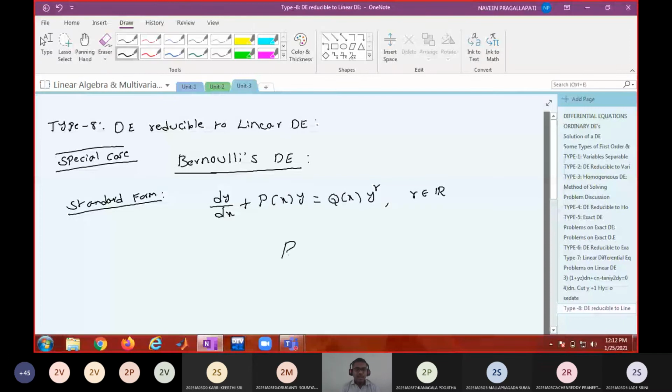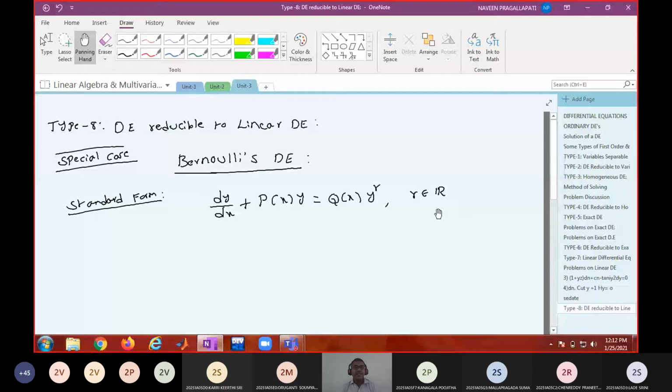Okay, this is R with a double bar, a special symbol to denote the set of real numbers. My first question: is it a linear differential equation or not? Yes, sir.